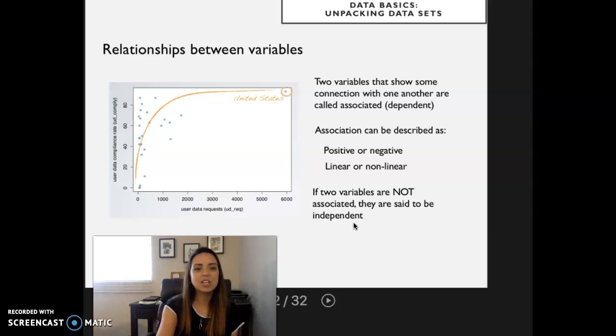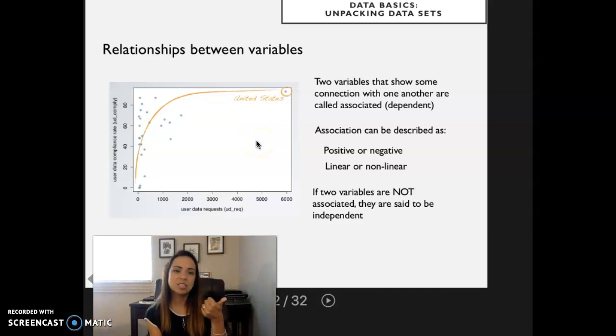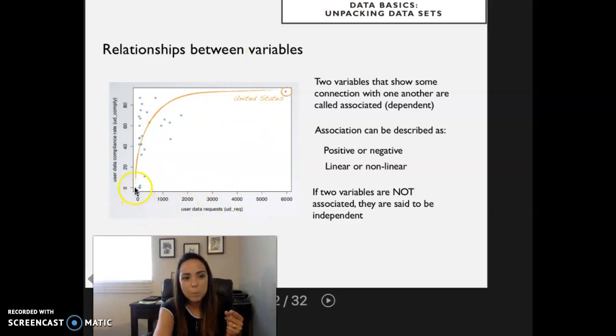If I ask you to take a look at this graph, we already said that they show some connection between the two variables. Now think about it for a minute. Do you think this correlation or association is positive or negative? If you're thinking positive, you're right, because as more data requests happen, more data compliance also happens.